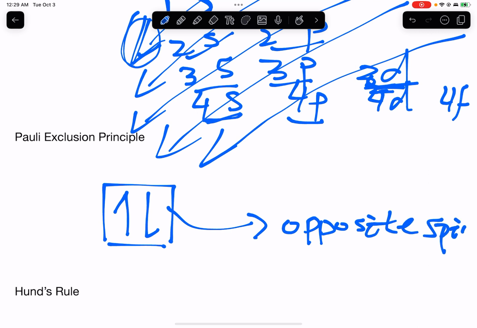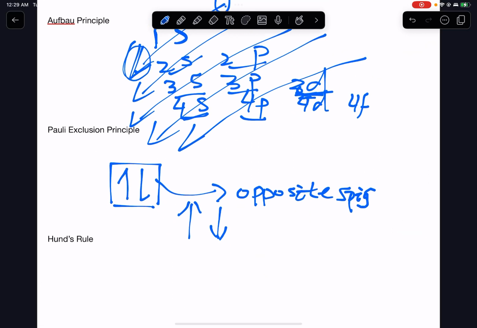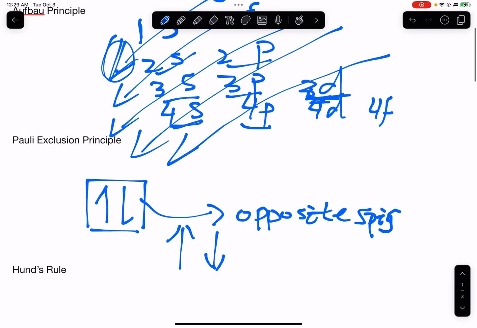Think about spins as like an arrow. Later we'll be introducing an example based on the Pauli exclusion principle as well. So see how it looks.